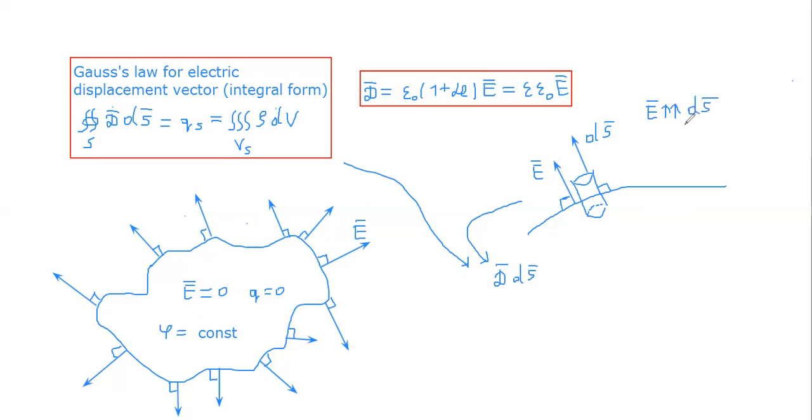This double arrow means that E has the same direction as ds. And this means that D also has the same direction as ds, because we are learning only isotropic substances.